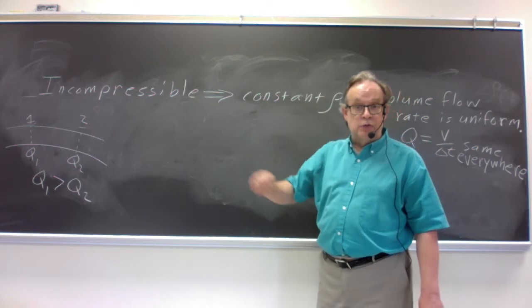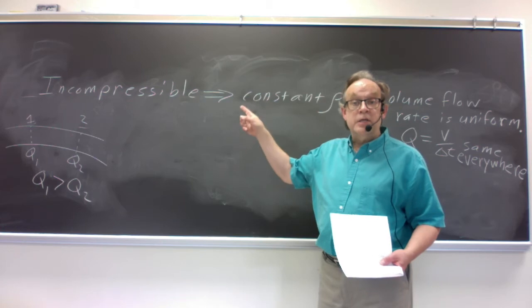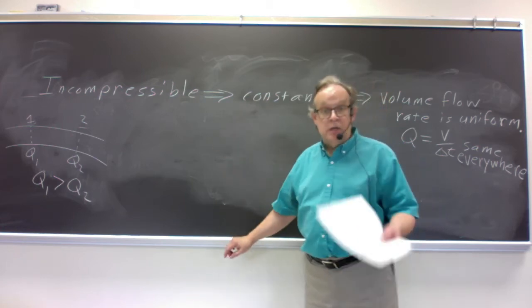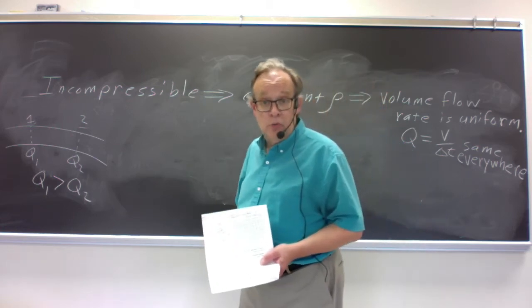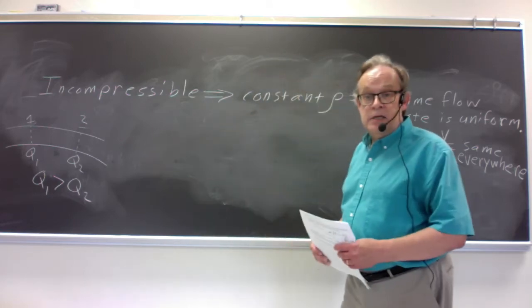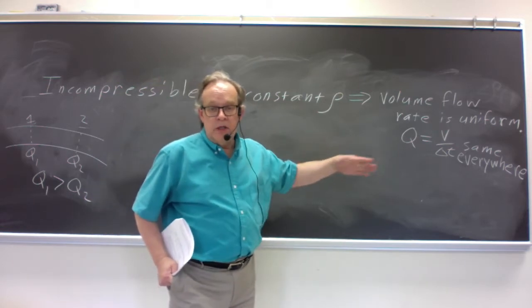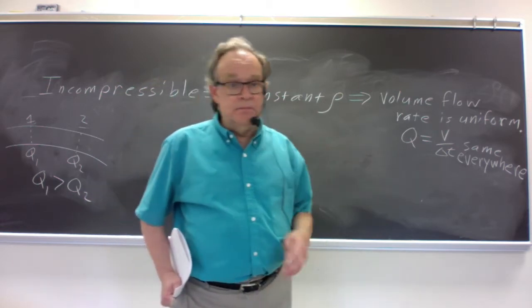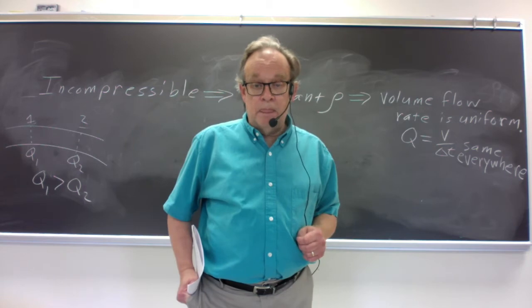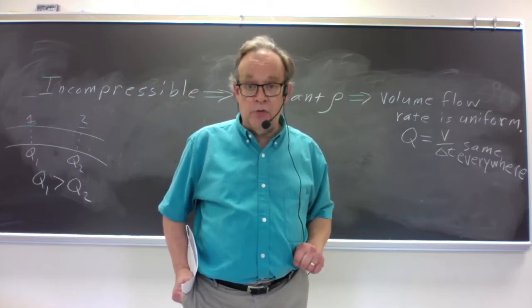Everywhere in the path of the flowing fluid, whatever else might be changing, fluid density does not change if it's an incompressible fluid. And one consequence of constant density is that the so-called volume flow rate is uniform, constant, the same at every point in the path of the fluid.